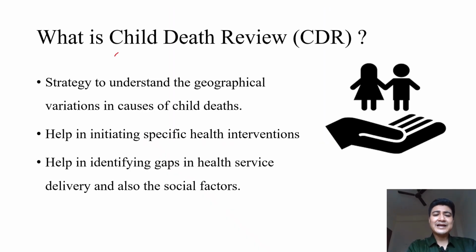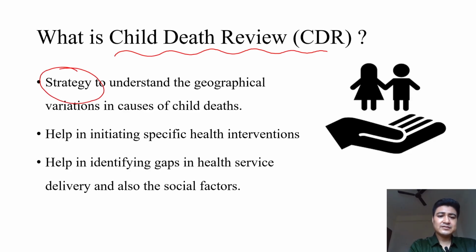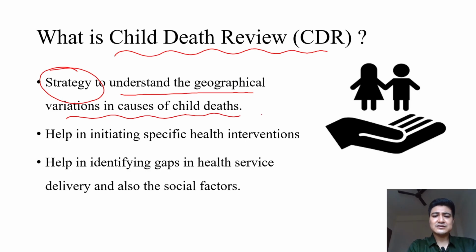So, what is child death review? Just like the maternal death review, the child death review is a strategy to understand the geographical variations in the cause of child deaths. Like I said, child death means 0 to 5 years of age. All the geographical variations for the cause of death of a child are considered here.